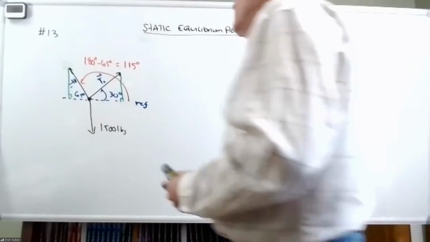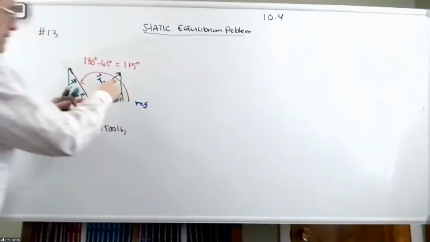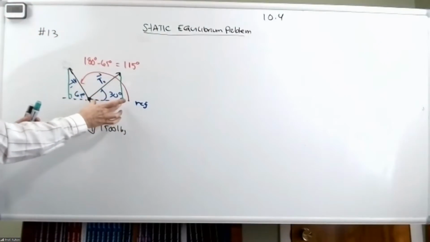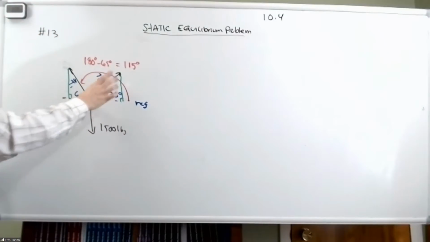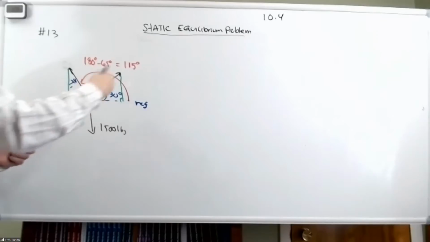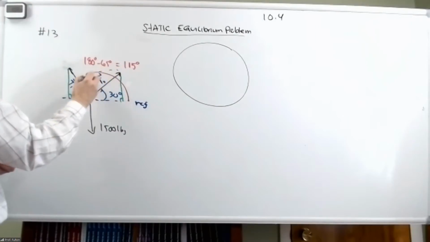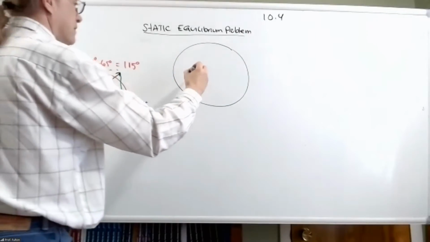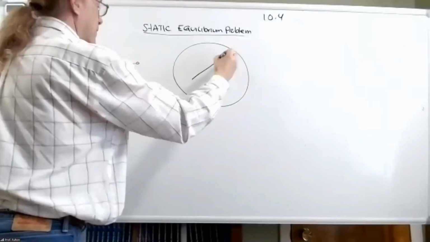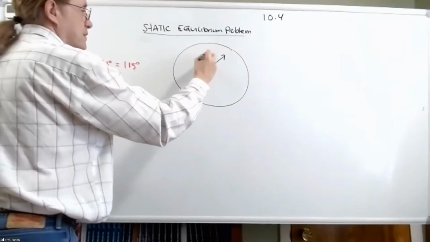Let's look at this vector here, right here. I'll look at it separately, so I'll put a little circle around this guy. I'll just call that vector T sub 2 for now.